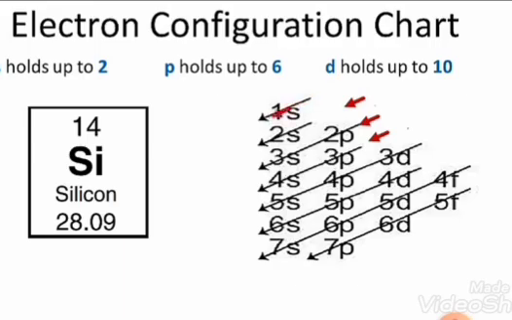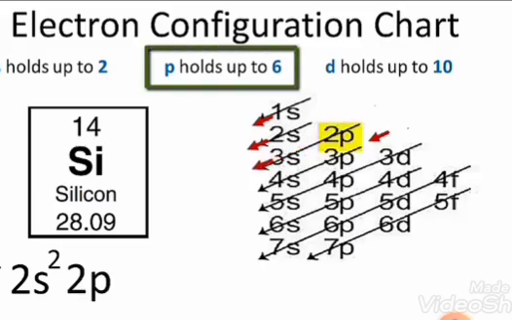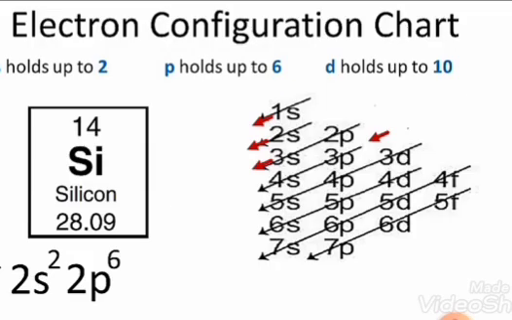As we go down the first row, we go through the 1s orbital, and the 1s orbital can hold up to 2 electrons. So we'll put 2 electrons in that orbital. We'll go down the next row, we have the 2s orbital. That also can hold up to 2. Then the third row, we start out with the 2p, and p orbitals can hold up to 6 electrons. Let's put all 6 in there, and we've used 10 electrons so far. We have 14. In the third row, after the 2p, we've gone to the 3s.